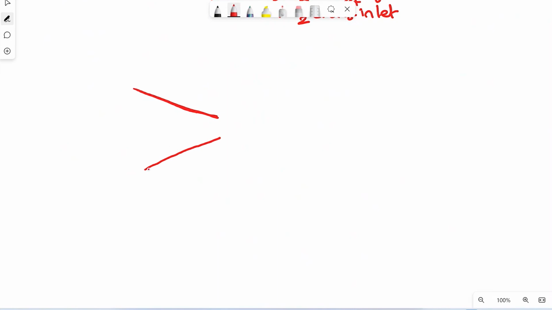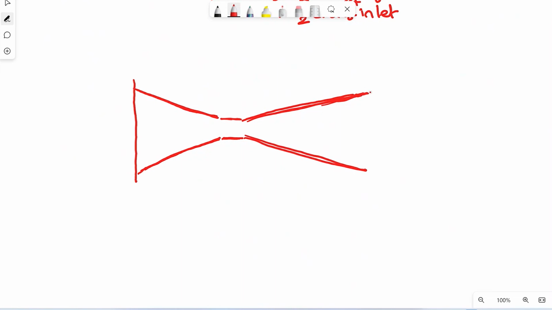This is how the convergent cone looks like. Then a small portion, the throat. Then the divergent portion is longer. Divergent portion will be longer. So this is the inlet. This is the outlet.